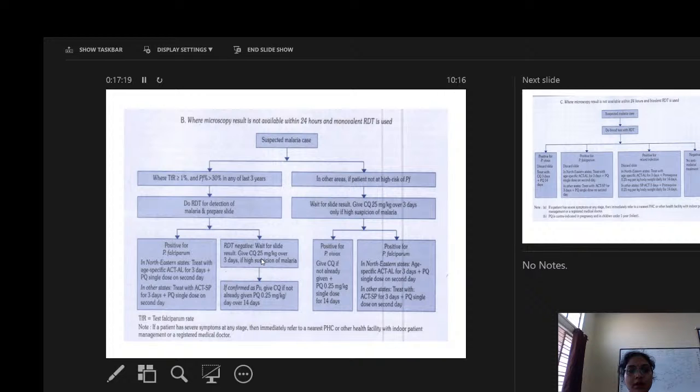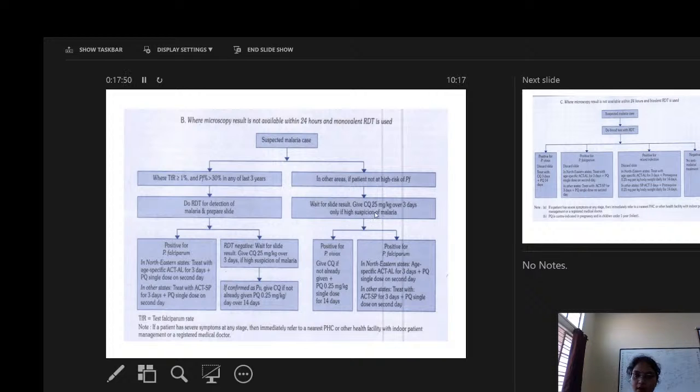So whatever the result is, from this flowchart we start off the patient with chloroquine 25 mg per kg over 3 days. Then after the result, if it is positive, we will add Primaquine for 14 days. If it is positive for falciparum, then you will treat as falciparum cases. In other areas, if the patient is not at high risk of falciparum, wait for the slide result.